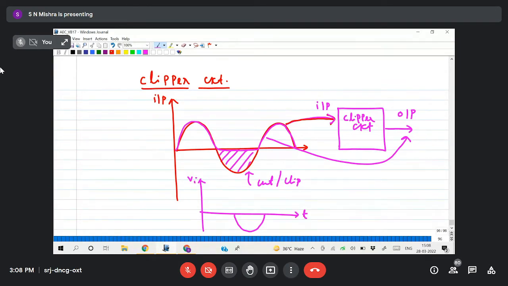Or if you want to cut only some portion of the signal like this, I'll get from here to here, here to here, like that is also possible. So any circuit which will clip or cut some portion of the signal is called a clipper circuit. Very clear?